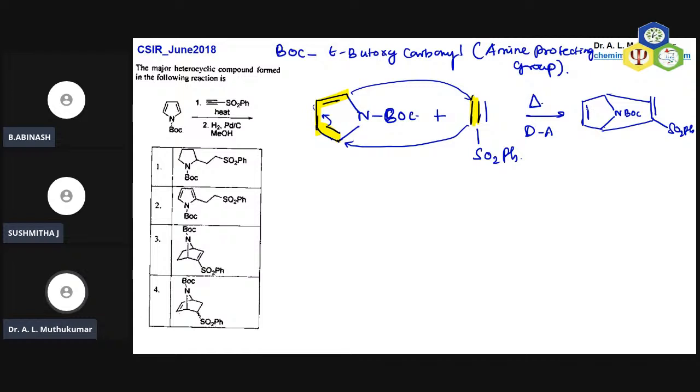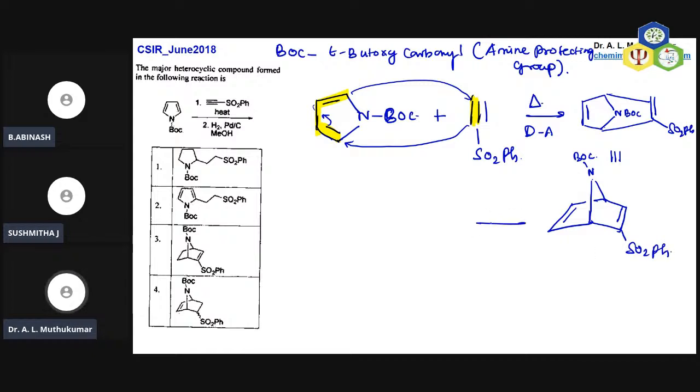So you have a double bond here. If you draw this compound properly, it is a bridged system in which a double bond will be here and a double bond will be here, and this will be protected with BOC. Now here you have SO2 phenyl.